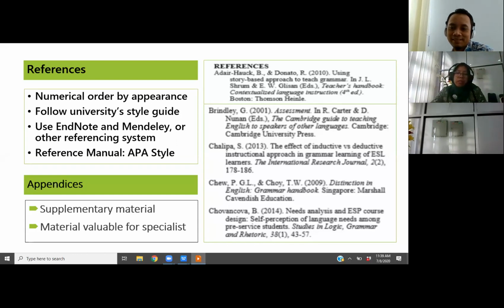So I think everyone will know how to do the references, but just make sure you follow the rules. And this is also one of the parts in your dissertation or your thesis or even in your journal being seen by the reviewer or your lecturer. They will pay attention to whether you are quoting the opinions or the theory in the right way.